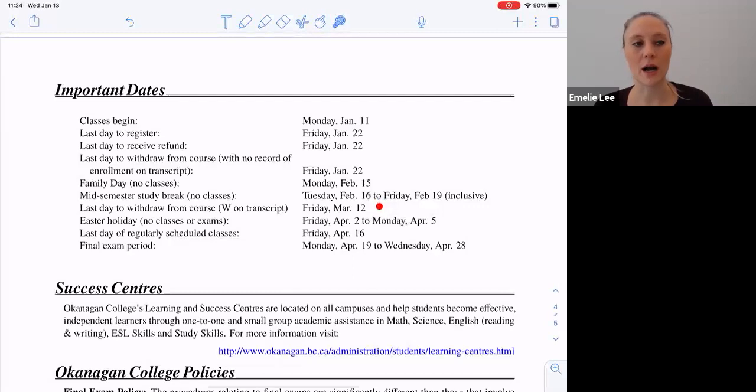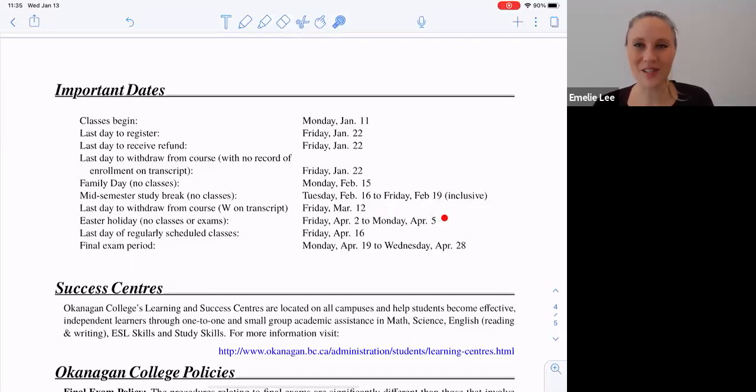I only say this because you might be in your first year, and maybe this isn't common knowledge. Once you've done a few terms of school, you know that sometimes it's just strategically better to withdraw with a W than to get an F on your transcript.